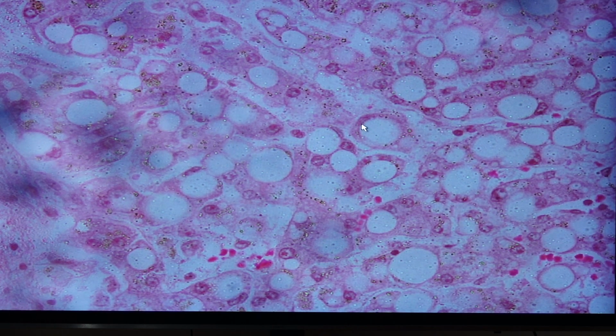These are the hepatocytes with accumulation, and these are of the macrovesicular type. This is also what we call hepatic steatosis. Pathologic steatosis is defined as involvement of more than 5% of hepatocytes with lipid accumulation. Okay, so if it's more than 5%, then it's pathologic.